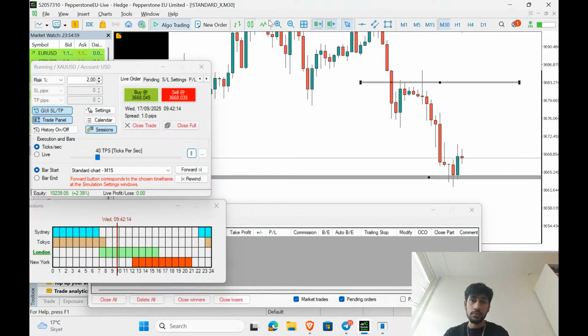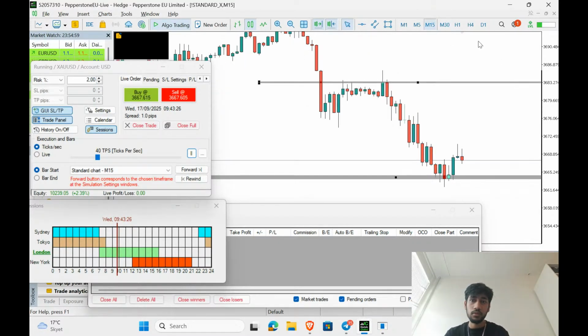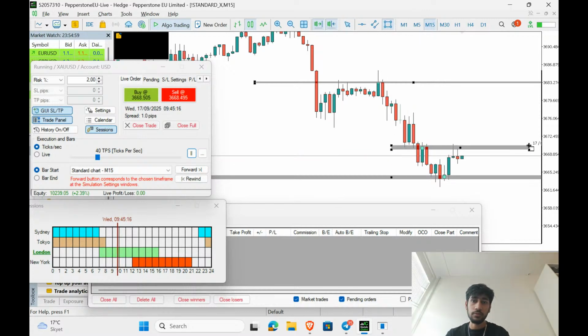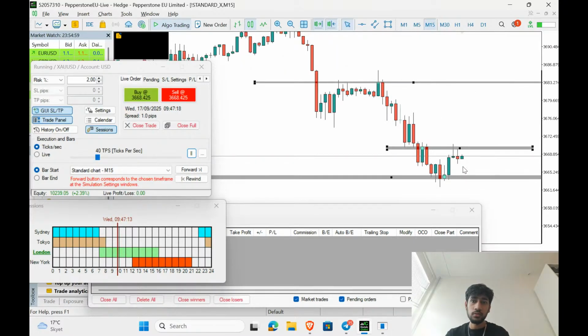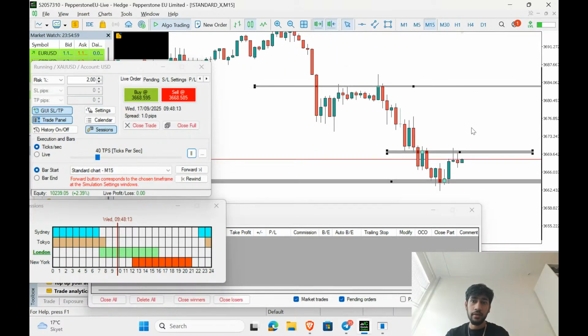If we form support to move up, then we need confirmation on a lower time frame, maybe on 15 minutes. This time, 30 minutes should close bullish, then this should not break the low and break the high.